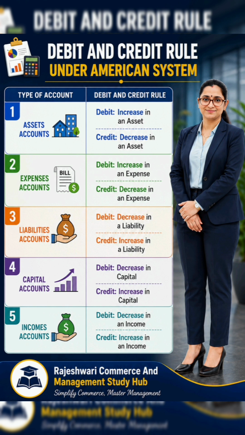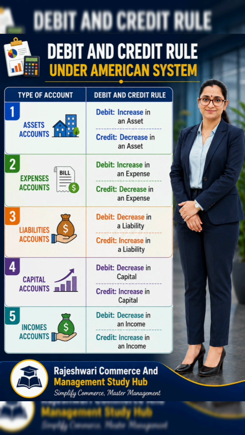In the American system, we are using two aspects only, debit aspect and credit aspect, but based on the increase and decrease, and the element and situation will be considered to record the journal entries. The rule of asset account is we are debiting the increase in asset, crediting the decrease in asset.